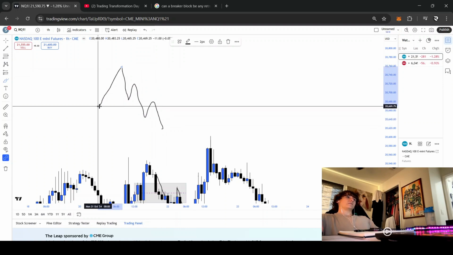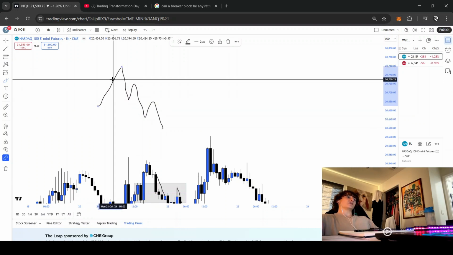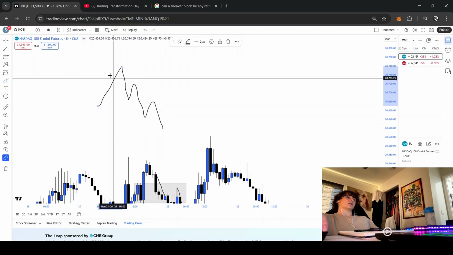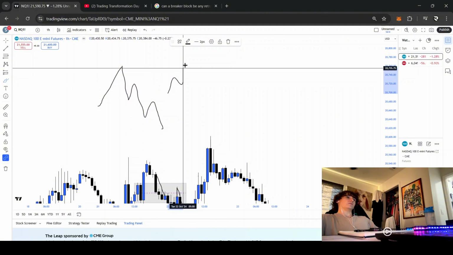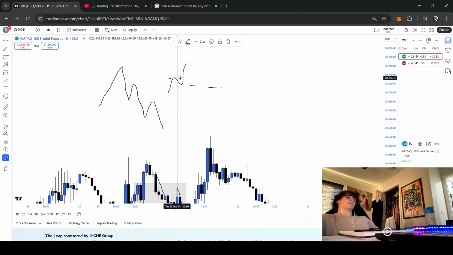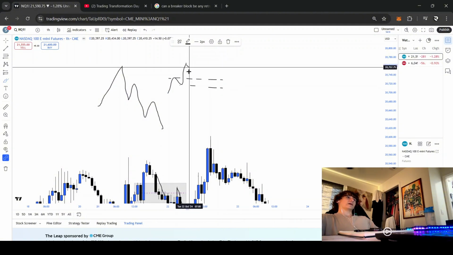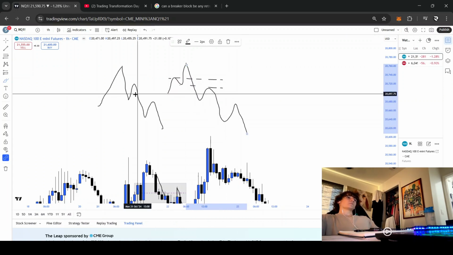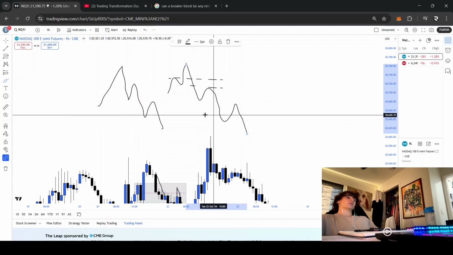Let's say, by the way, some people would consider this move up before the liquidity as the order block, right? So let's say we went boom, boom, boom. This would be the order block in my thinking. But some people would consider every move up an order block, which I don't do.